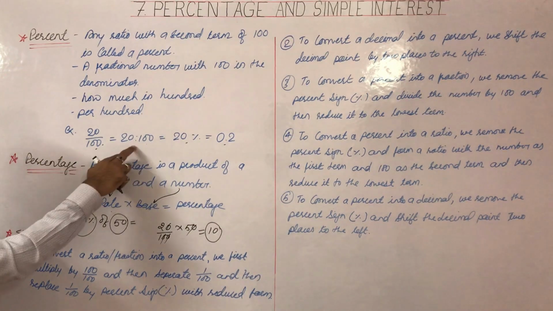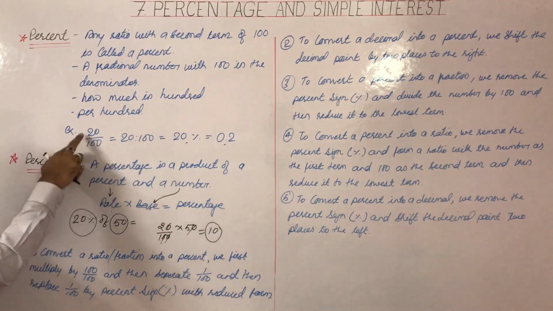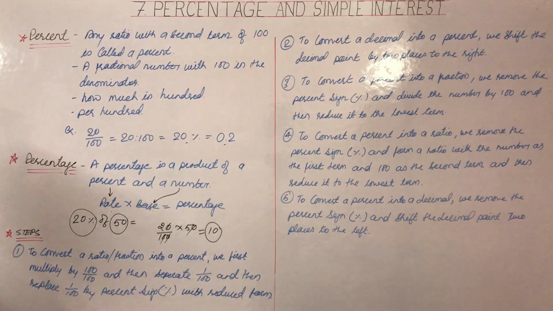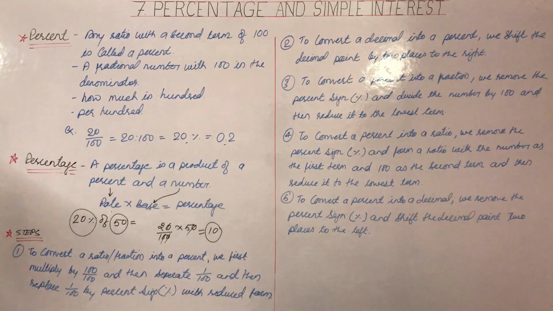To convert a ratio like 20 is to 100 or fraction 20 by 100, we first multiply by 100 and 100, numerator and denominator both, and then we separate 1 by 100 and then replace 1 by 100 by the percent sign with reduced form.